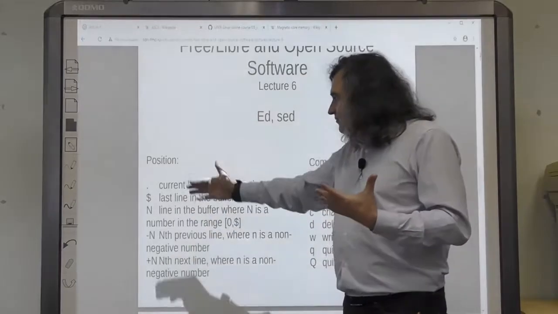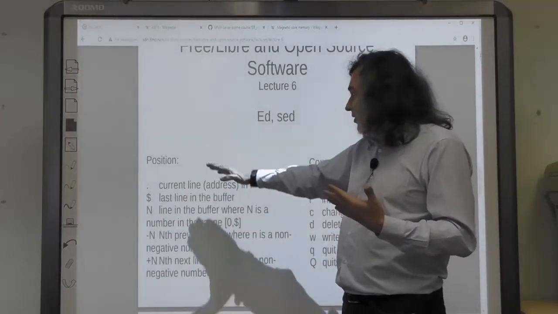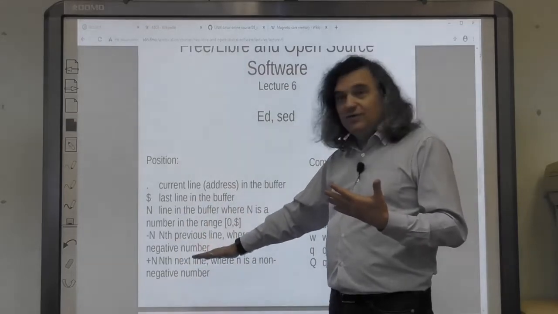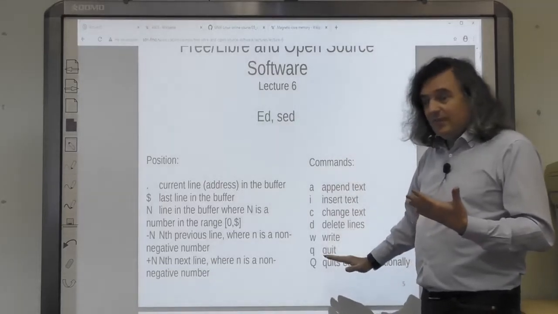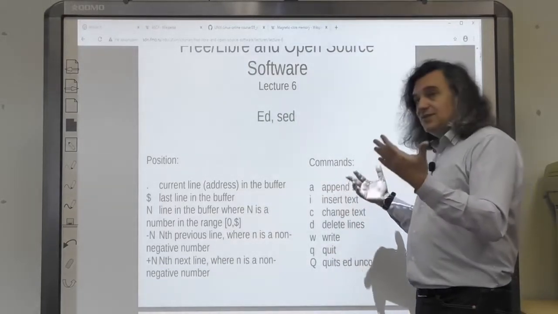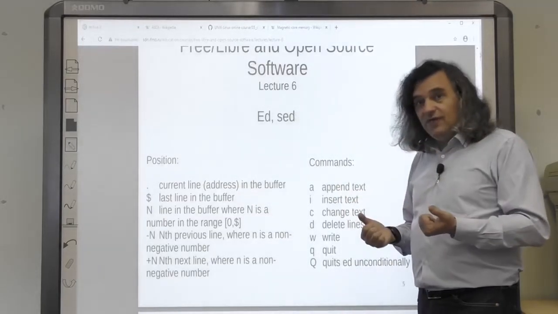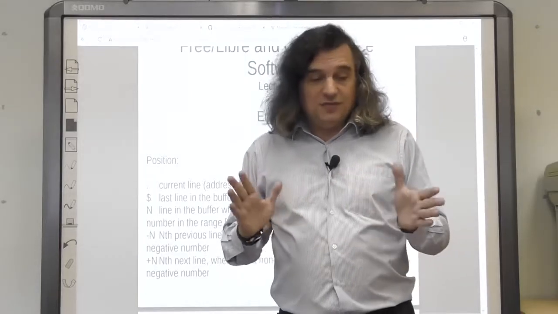We have some machinery for choosing a position in the file and some commands for working with text data in our file. So let's try to edit a new file.